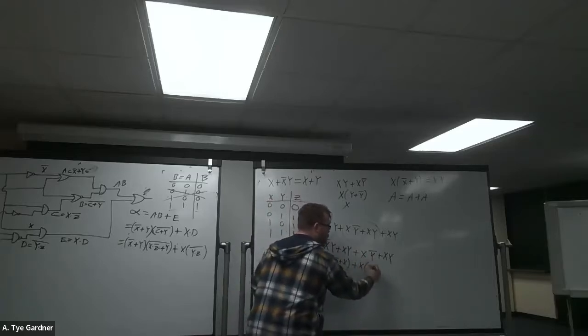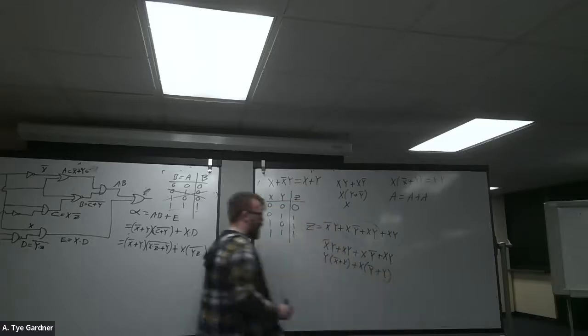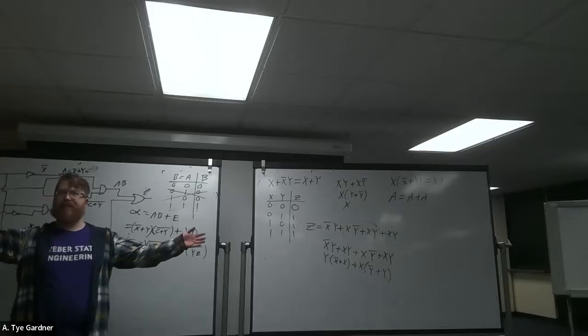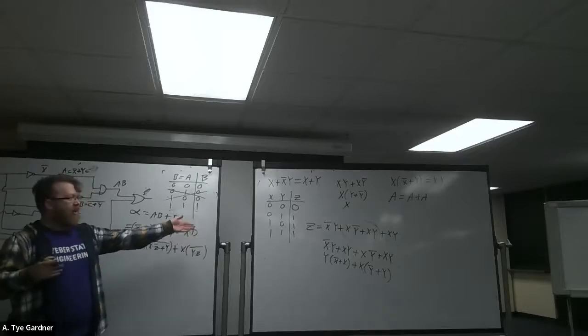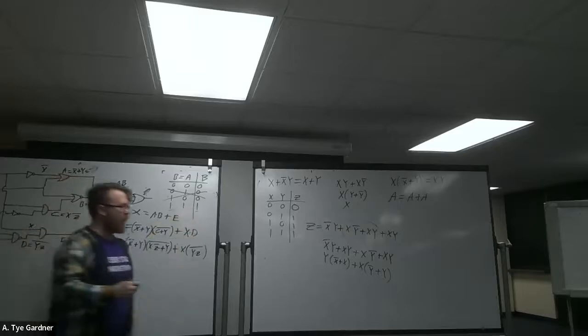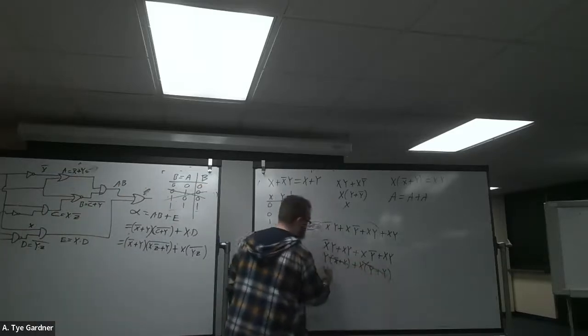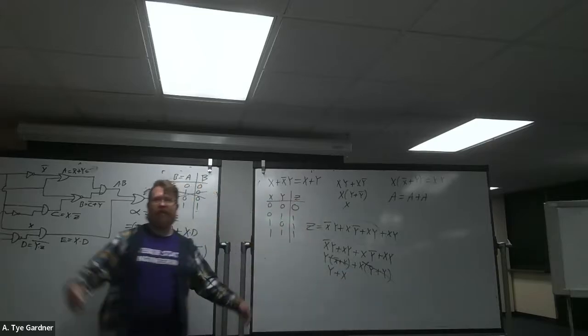Factor it out. Now what happens? Well, one, yeah, exactly. 1 and 1. Not x or x is 1. It goes away. Not y or y is 1. It goes away. And I get y or x.